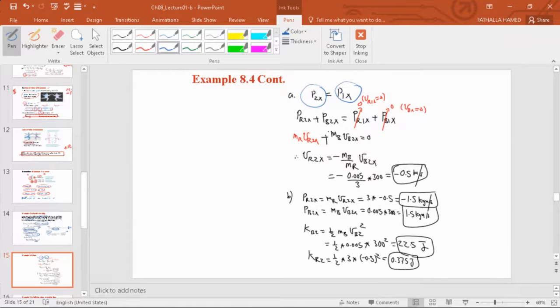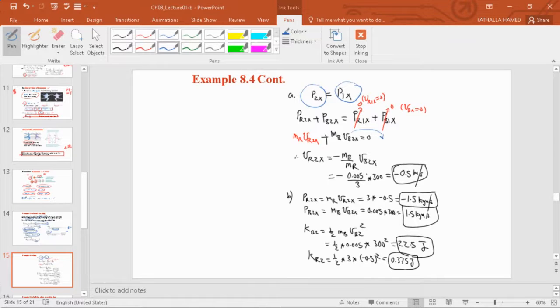But the momentum of the bullet will be the mass of the bullet multiplied by VB2x, and that should equal 0. You can take this to the other side with a minus sign, and divide by MR. So VR2x will equal minus the mass of the bullet divided by the mass of the rifle multiplied by VB2x.